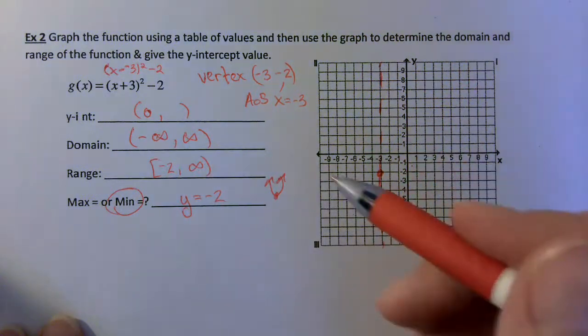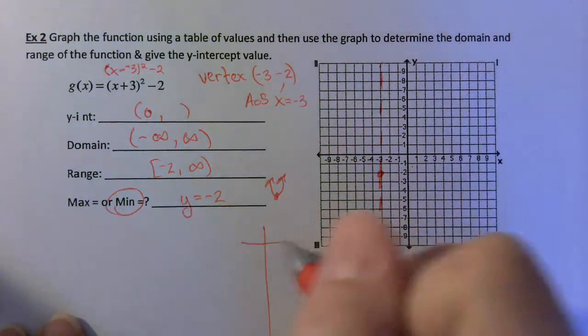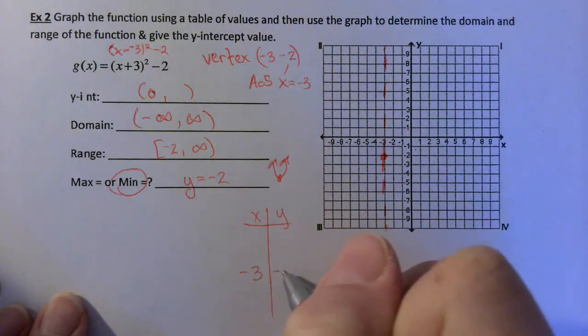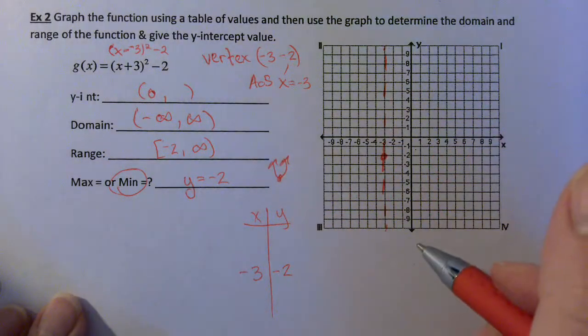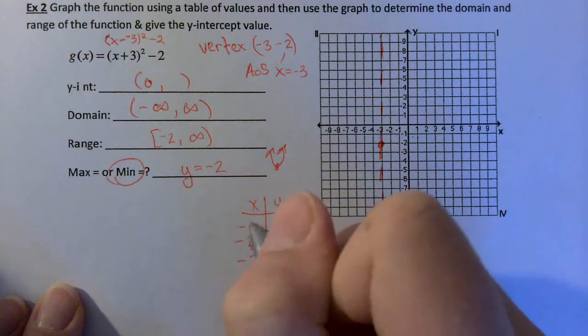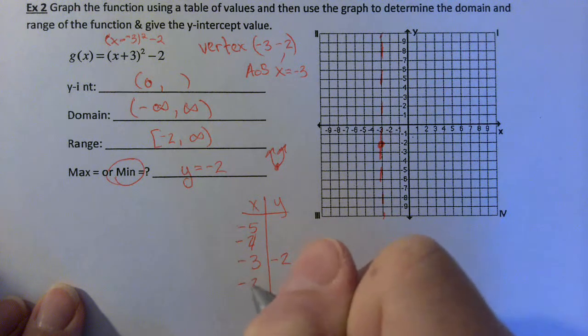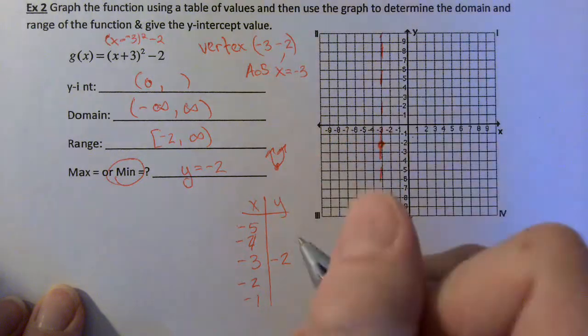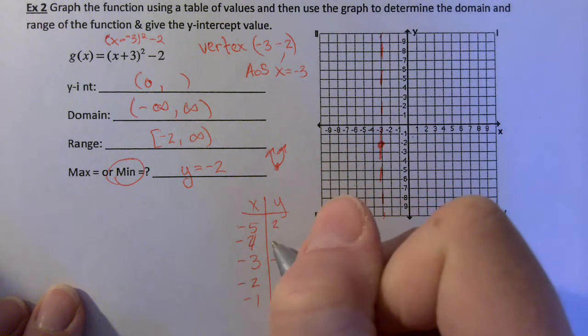Now, with that being said, we could do a quick sketch, but it told us to use a table of values. And so use your vertex to help you anchor the graph with your axis of symmetry. And then you pick some points below it. So I'm going to make that a -4 and pick some points above it. All right, so I have negative 5 as a positive 2.